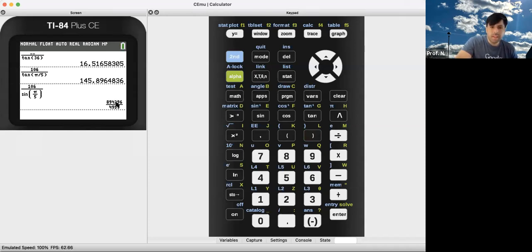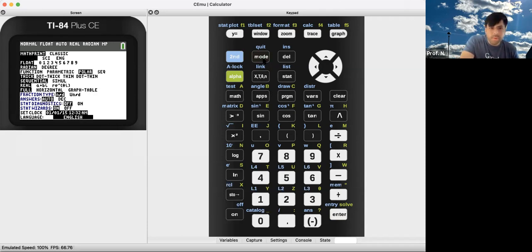You get a strange fraction there. So let me see if I can get the mode, let me go to decimal.